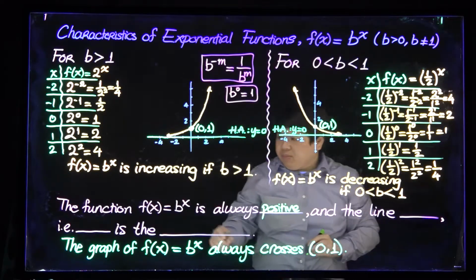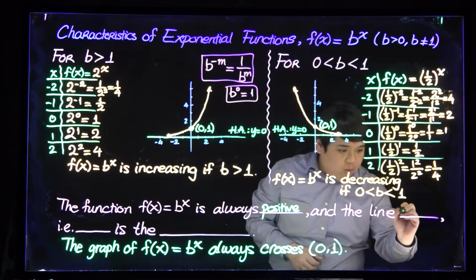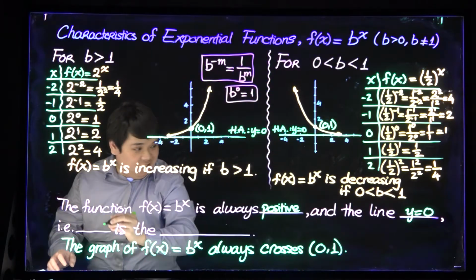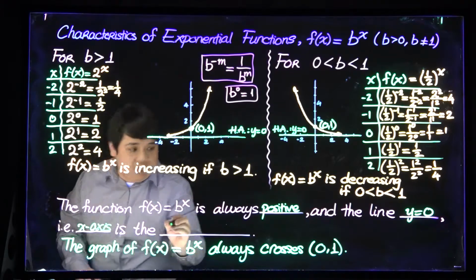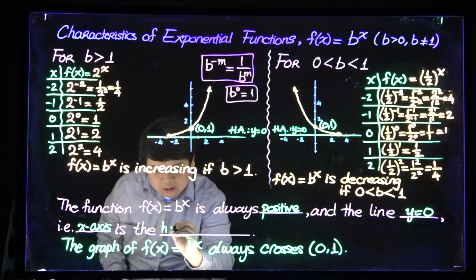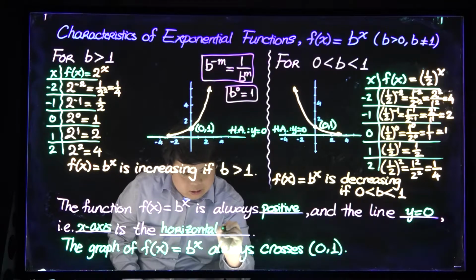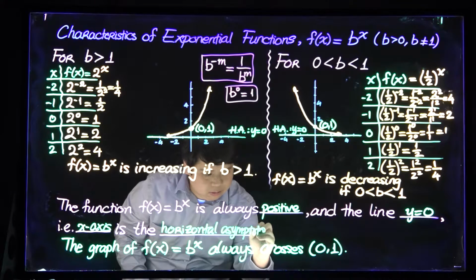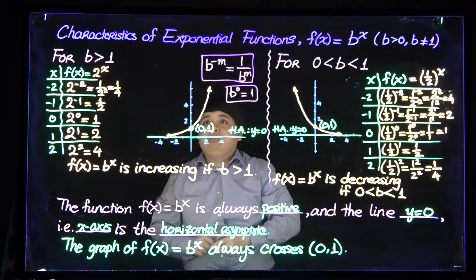To summarize, the function is always positive, and the line y equals 0, which is also the x-axis, is the horizontal asymptote. Those are some characteristics.